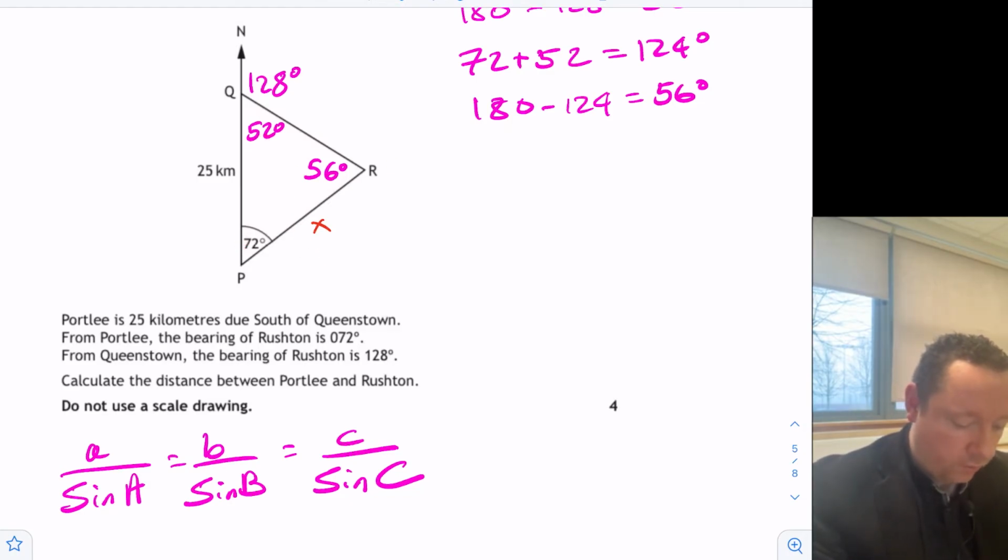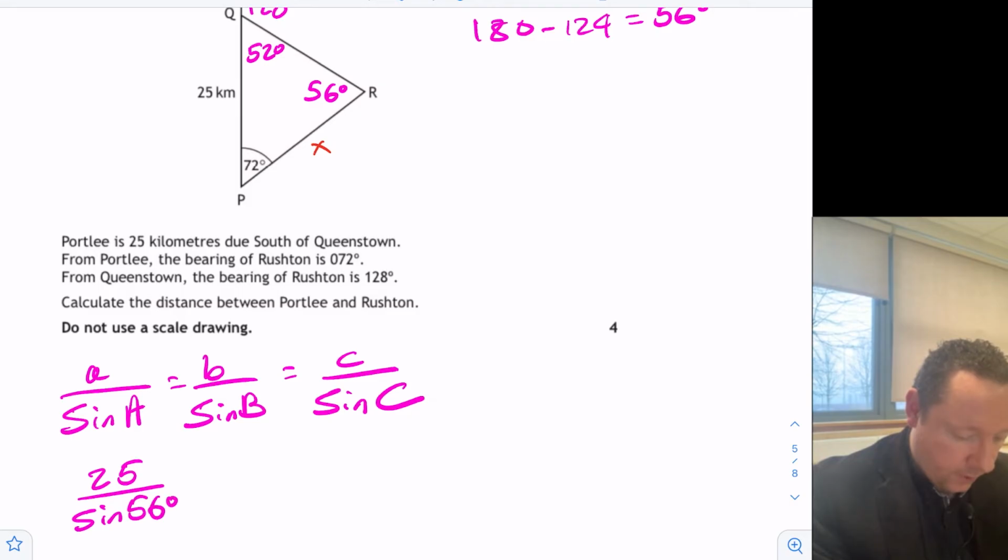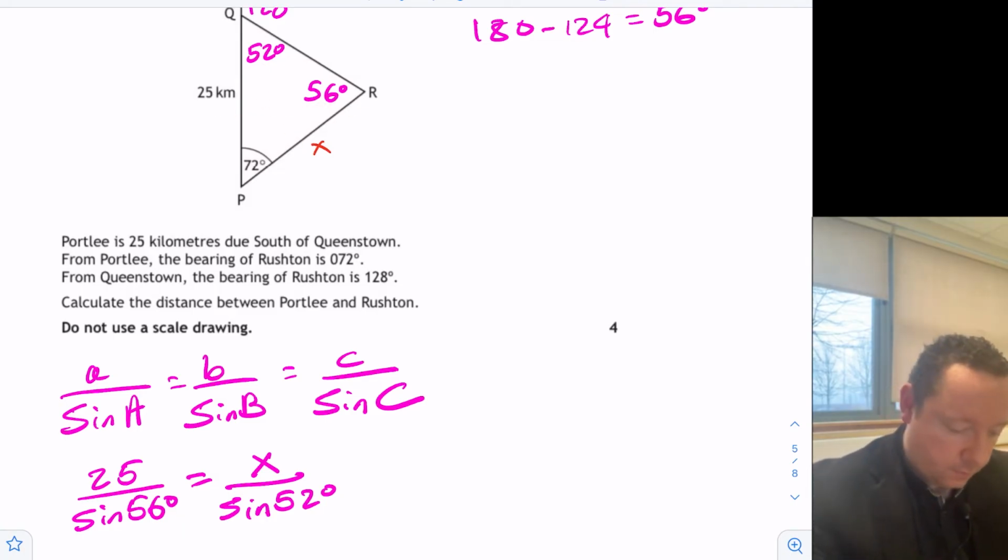So I can go these pair equal these pair. So let's just write that in. 25 is the side over the sine of the angle 56 equals, let's call our side X, or A or B, whatever you want. I've written X over sine 52. Opposites, opposites. So there's a mark.